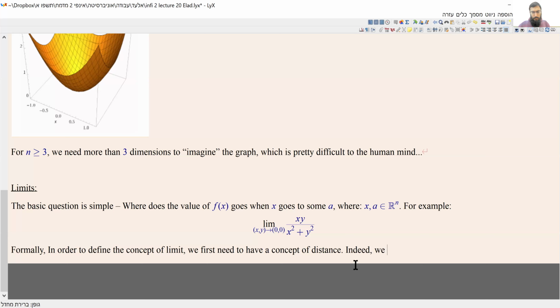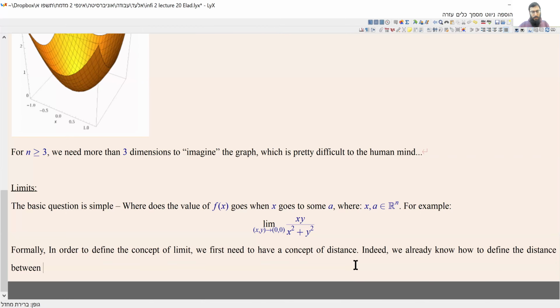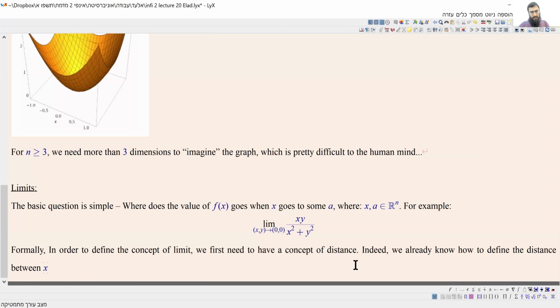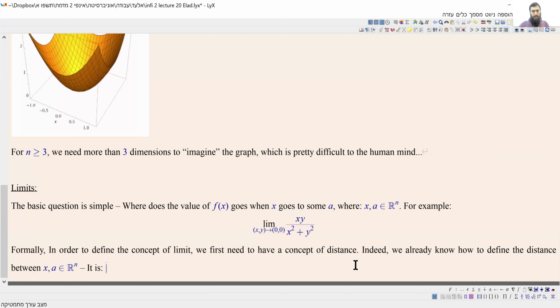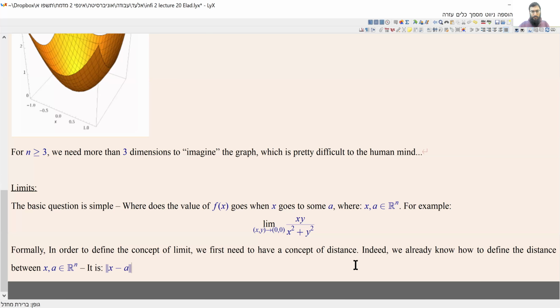Indeed, we already know how to define the distance between, let's say, x and a in Rn. It is the norm of the difference between x and a.